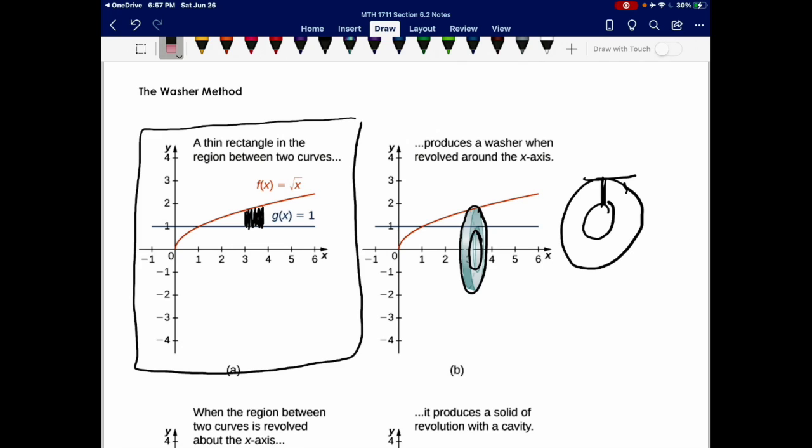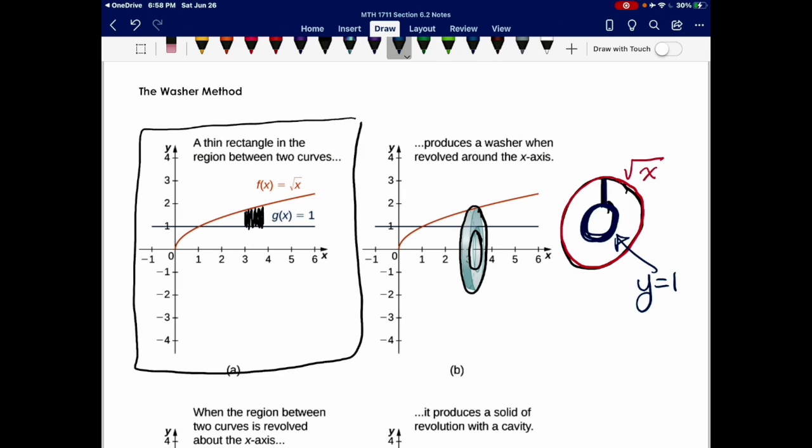To find the area of that washer, your radius is going to be the difference between these two circles. I'm going to highlight the outer circle in pink, and that's created by the function square root of x in this example.